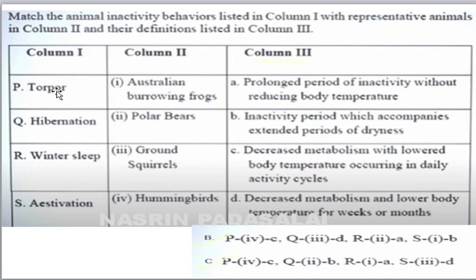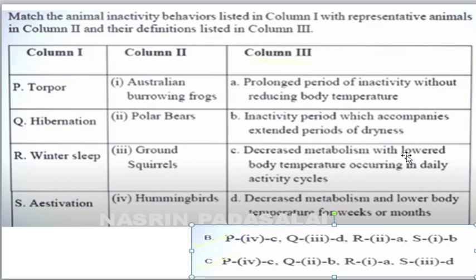So first you should know what is meant by torpor, what is meant by hibernation, what is meant by winter sleep and what is meant by estivation. Only then can you give a correct option, and here I have given that both options are correct, friends. Torpor is exhibited by the hummingbird; torpor means decreased metabolism with lowered body temperature occurring daily.